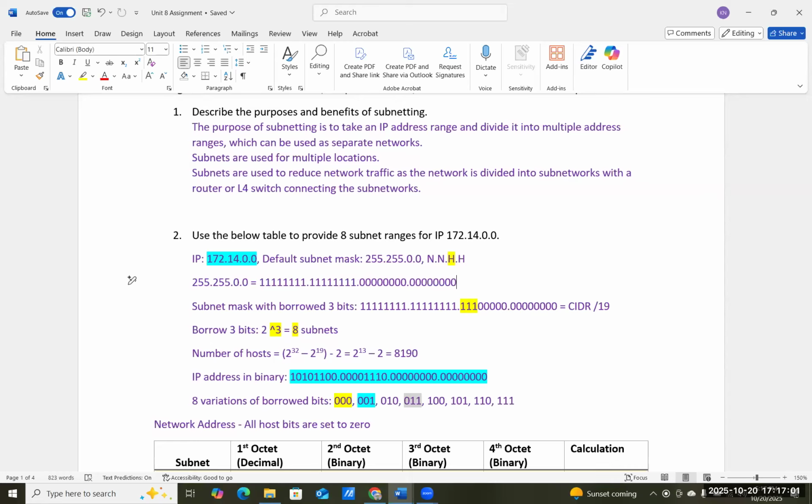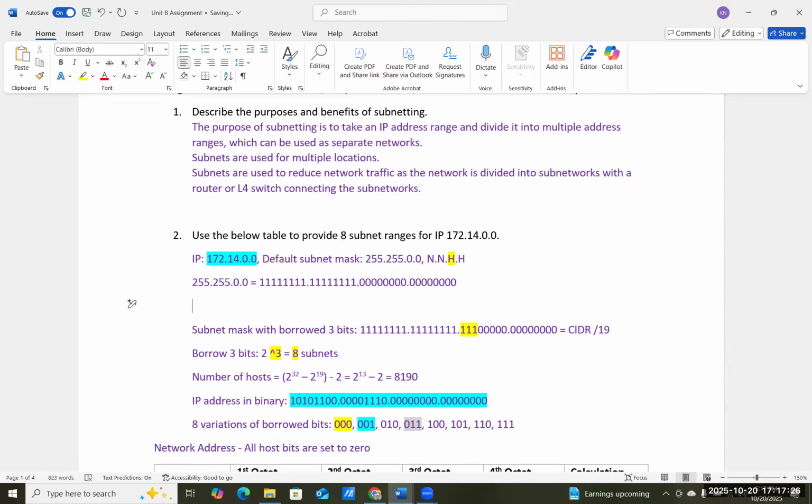Now, the question tells me that I need to borrow some bits to make 8 subnets within, right? Let's say that I have a company and now they want to have an additional 8 locations. Okay? So I would ask myself, how can I yield 8 here, right?